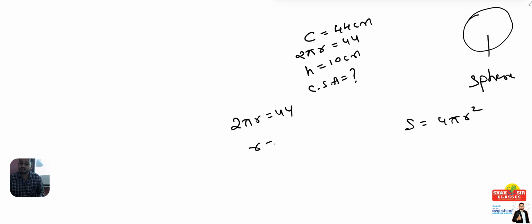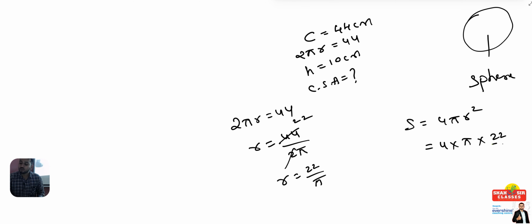We want radius. So keep r as it is. r is equal to 44 divided by 2 pi. Bring 2 pi here. 2 1s are 2, 2 2s are 4. So r is equal to 22 by pi. Correct? Now substitute here. 4 into pi as it is into r means 22 by pi. But here it is r square.